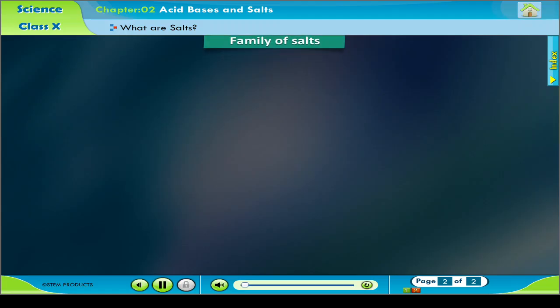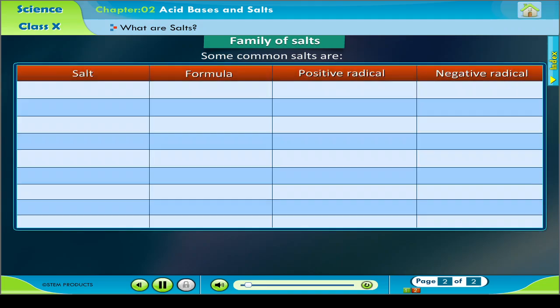Family of salts. Some common salts are, let's observe the following.